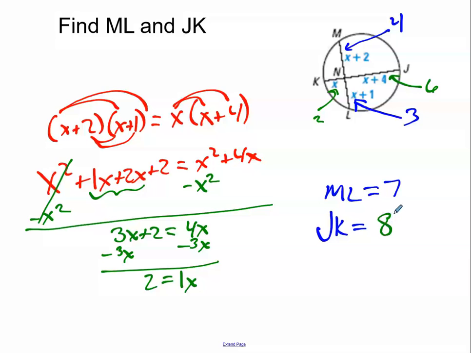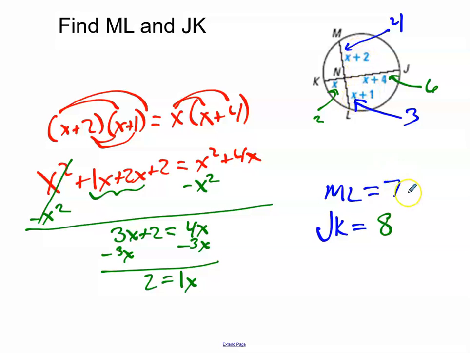And I do want to just point out for just a moment on here, notice how we're not saying that the whole lengths of those two segments are the same thing, because that's not the case. It's just the product, meaning multiplication, of the two parts is equal. So if you take this part, which is 4, times this part, which is 3, you get 12.